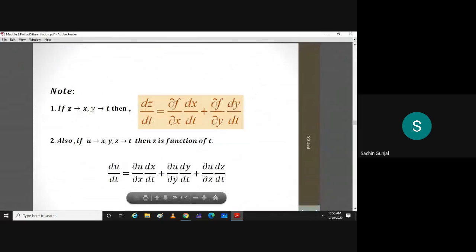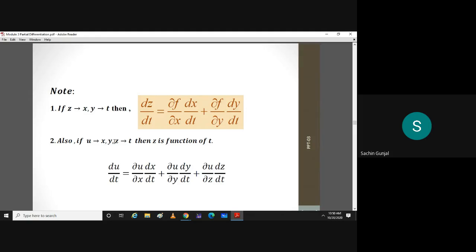Then we note that if z is a function of x, y, and x, y are functions of one variable t, then we can talk about the ordinary derivative of z with respect to t, that is dz/dt equals ∂f/∂x into dx/dt plus ∂f/∂y into dy/dt.